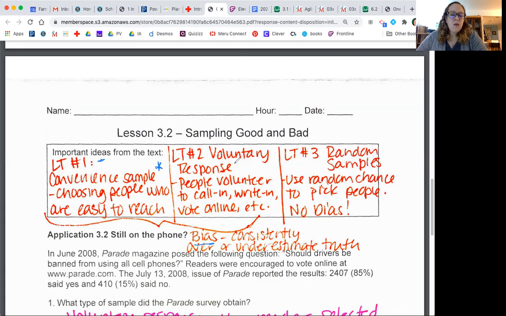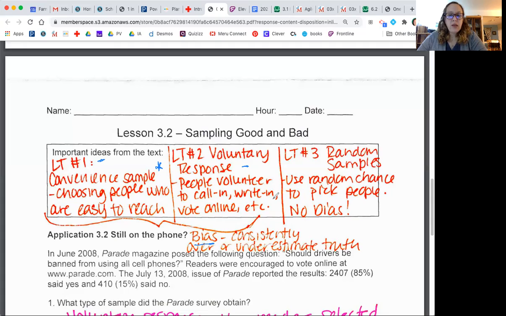Okay. Our second form of bias and our second learning goal was all about voluntary response bias, or voluntary response. A sample that has voluntary response is made of people that volunteer to call in, write in, or vote online. So you have the choice on whether or not you're responding to a certain survey or you're a part of a sample.